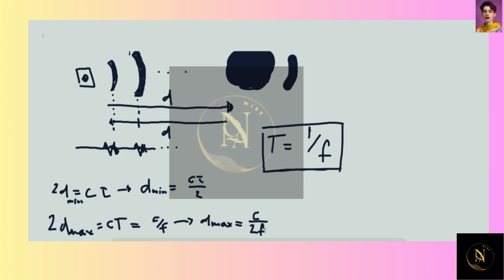So f here in the denominator is decreasing, so that d max over here is increasing. So the idea behind this part is that if I can afford to wait longer for my pulse to come back before I'm sending out the next one, then I can accurately detect the first wave and every wave that comes back. So that is our answer over here.